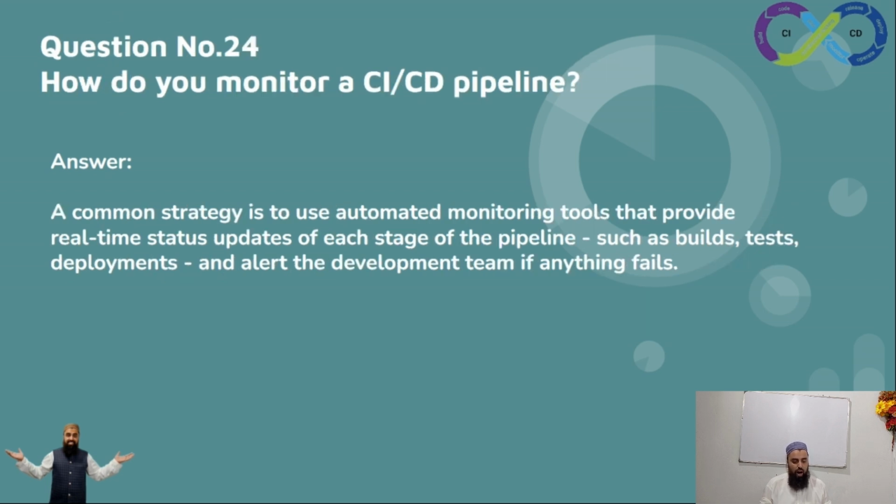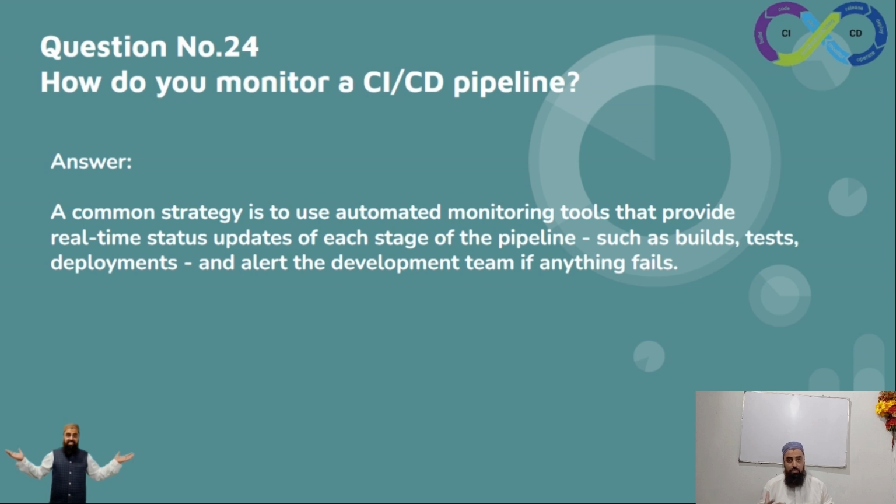Question number 24: how do you monitor a CI/CD pipeline? Now, we are discussing questions as per our CI/CD pipeline stages. Now, our monitoring stage. The common strategy is to use automated monitoring tools like Prometheus, Grafana, ELK, which provide real time status updates of each stage of the pipeline, such as builds, tests, deployments, and alert the development team if anything fails.